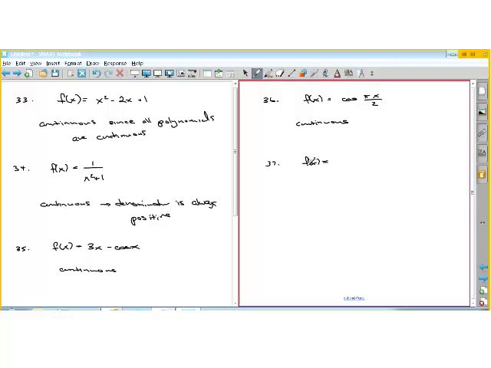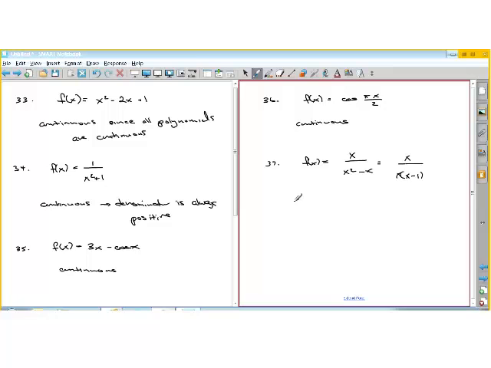Okay, we finally have one here that is discontinuous. So here we have x over x squared minus x. We could have a discontinuity due to a common factor, or we could have a discontinuity due to the denominator going to 0. So what you have to do is factor. We can actually factor out an x in the denominator.